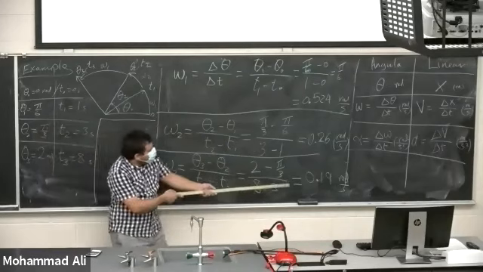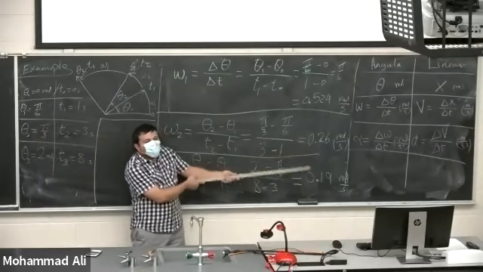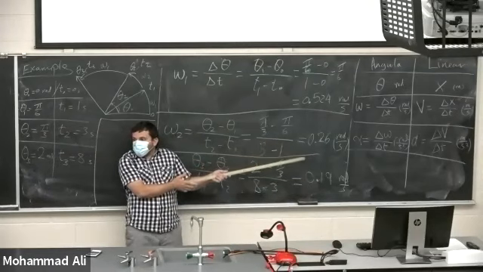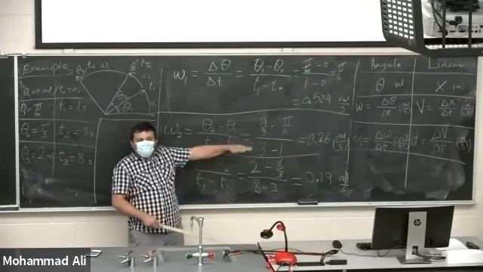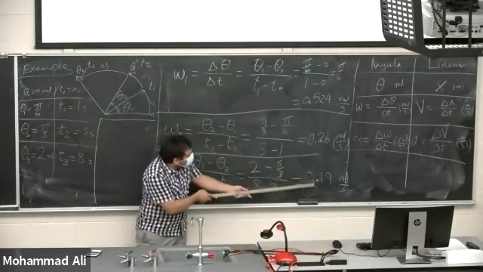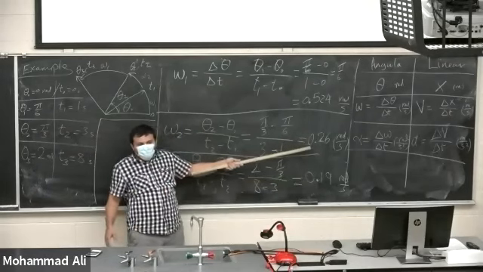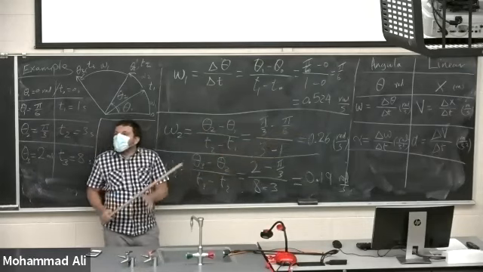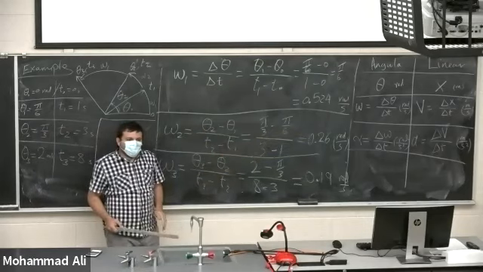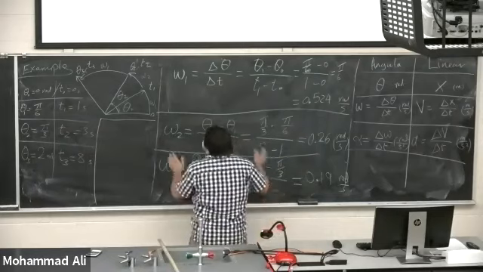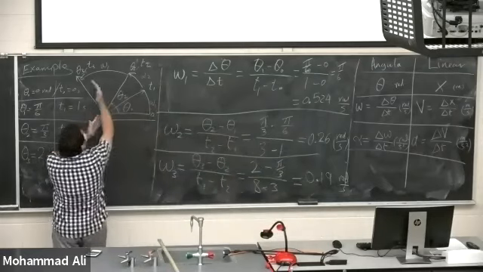How can we compute the acceleration? It is V2 minus V1 over T2 minus T1, right? We just take delta V over delta T. V2 minus V1 is a negative value because this one is smaller than this one. So we have negative angular acceleration. After a while, this object will stop.